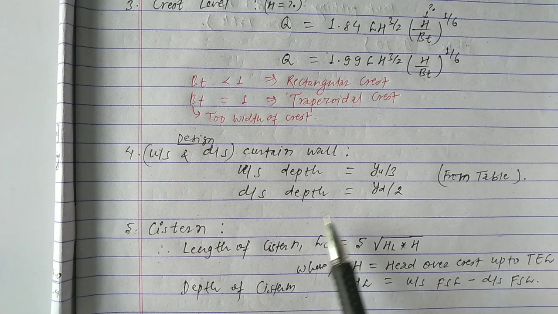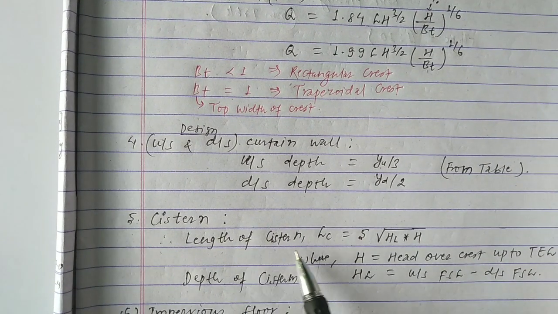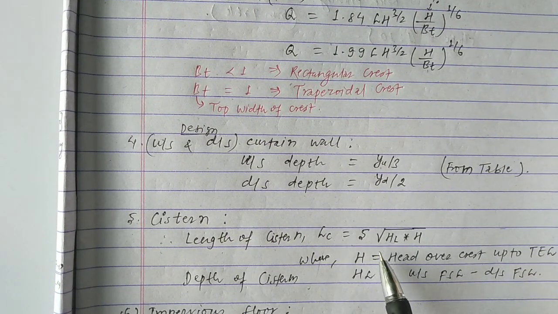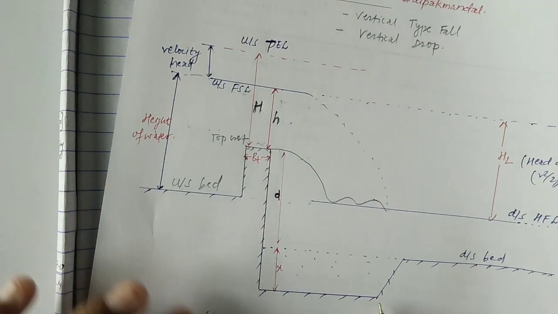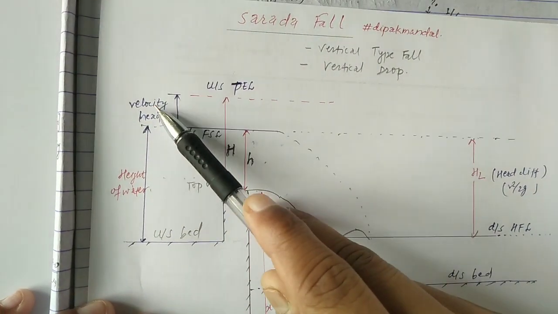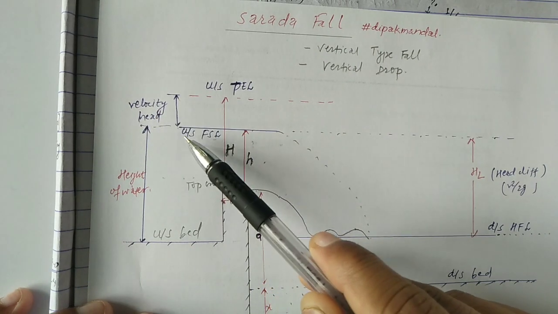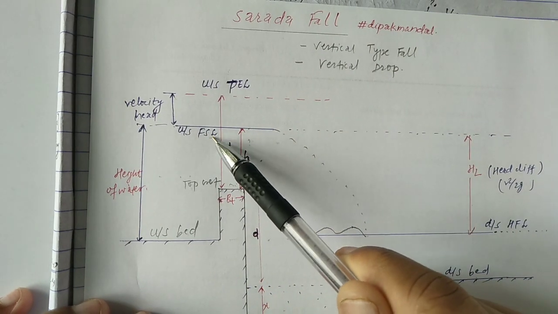Okay, and then simply we can calculate the length of cistern, that is the value of LC equal to 5 HL into H, and the value of H equal to head over crest up to TEL. As I discussed over here, the value of H is from the upstream full supply level to the upstream total energy level.